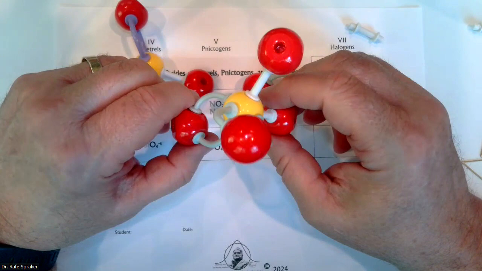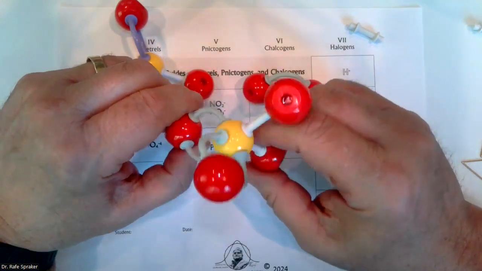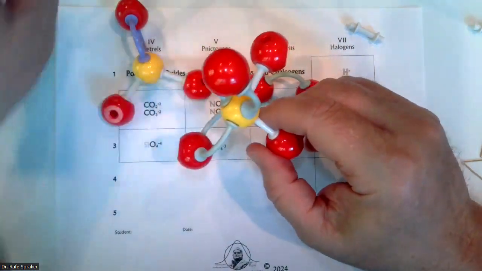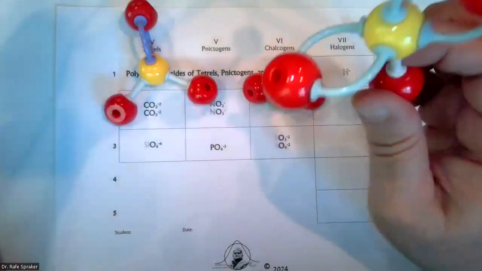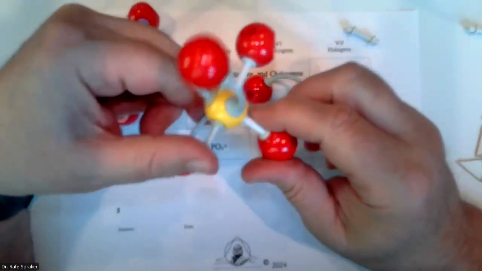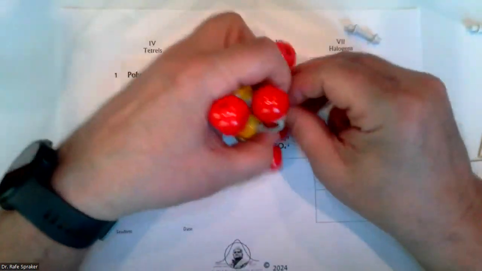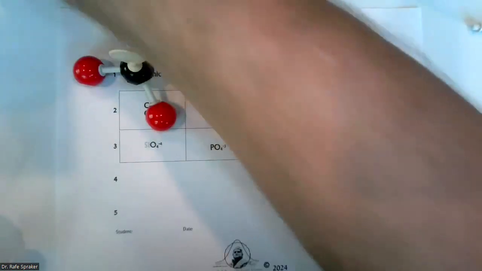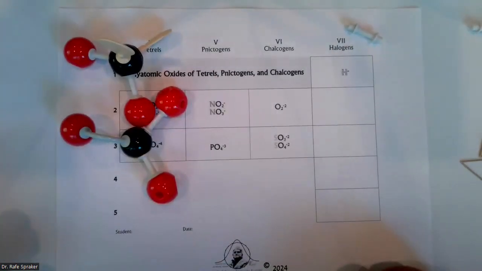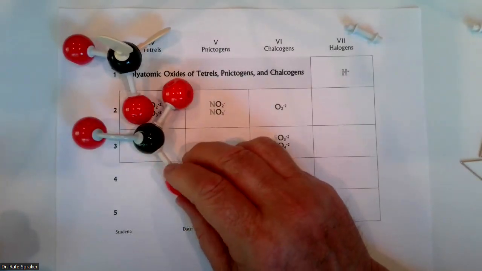Where's my phosphate? Did I take it apart already? Might have. Where's my phosphate? Yeah, I took it apart already. So I stole all the oxygens off that. So you should have 3 pictures here. One with just the carbon and the silicon version, right? I've already cannibalized the oxygens off of it.